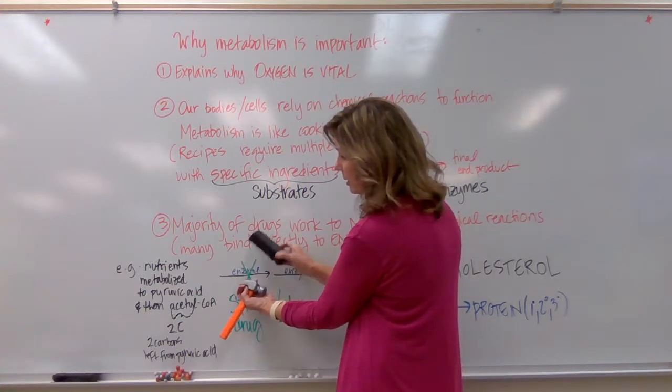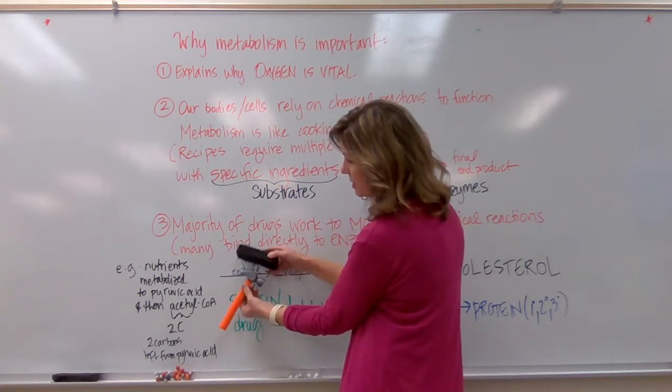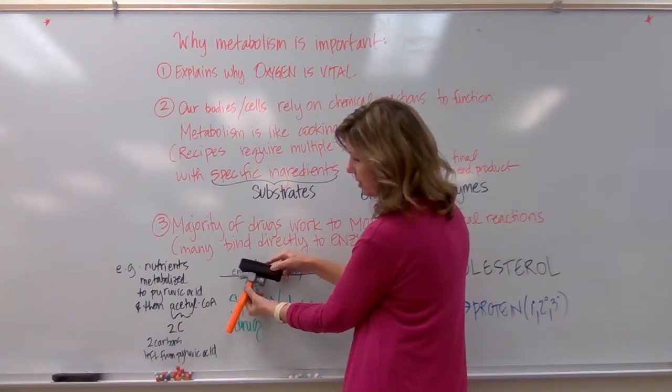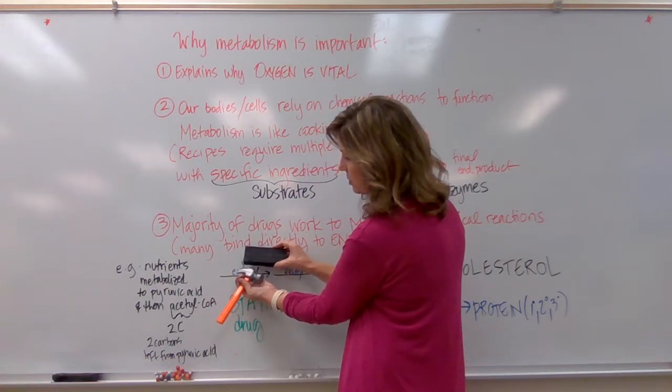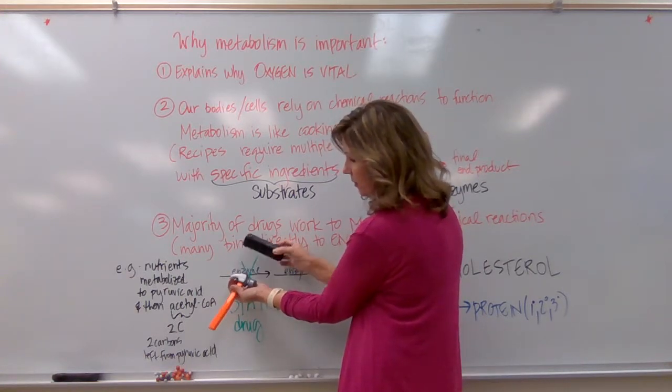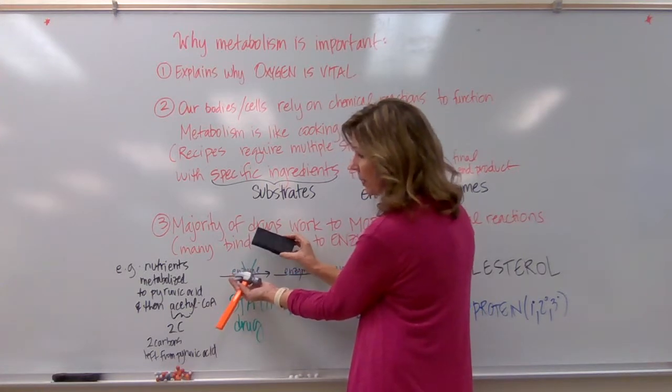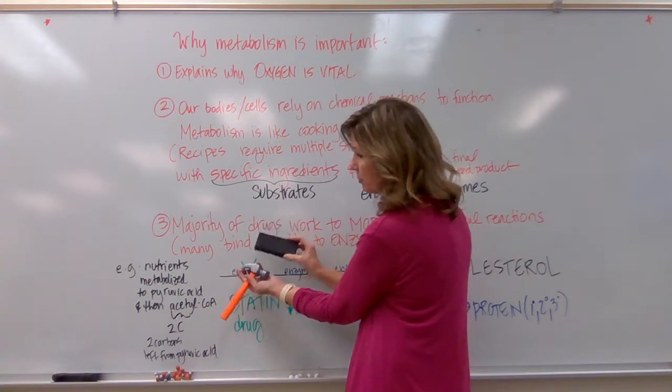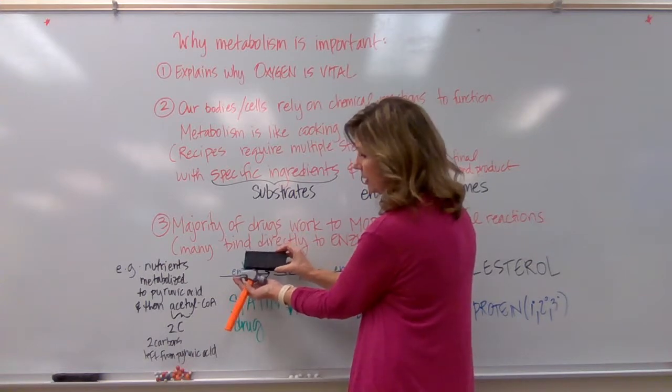So a drug that may bind perfectly to patient 1's enzyme and reduce cholesterol may not bind to person 2's enzyme to reduce cholesterol. So that's really the underlying reason why many drugs may work on one patient perfectly, but not on another patient.